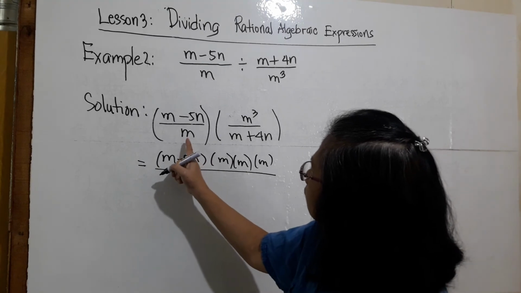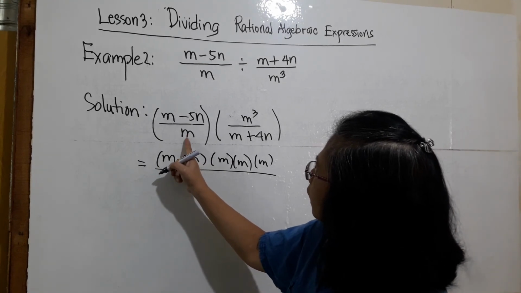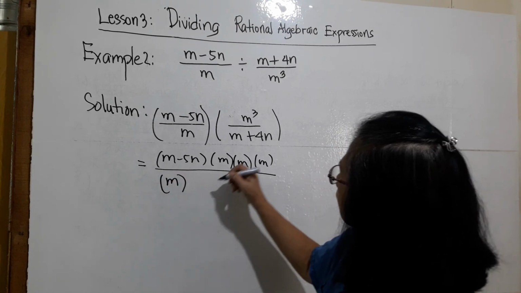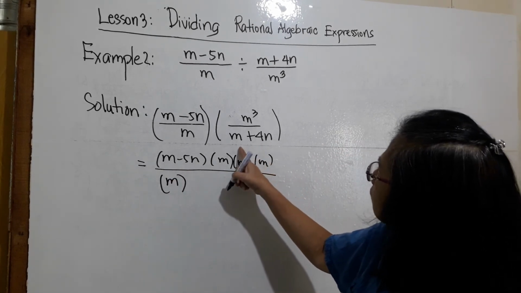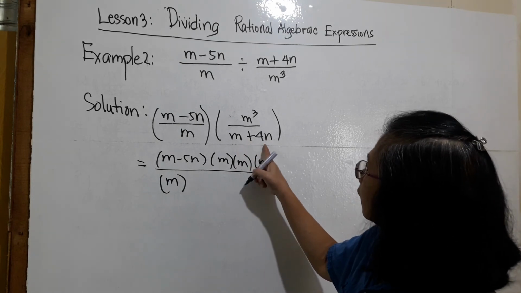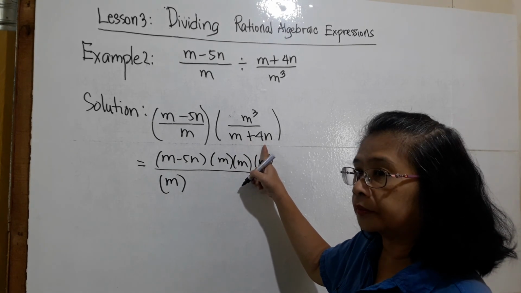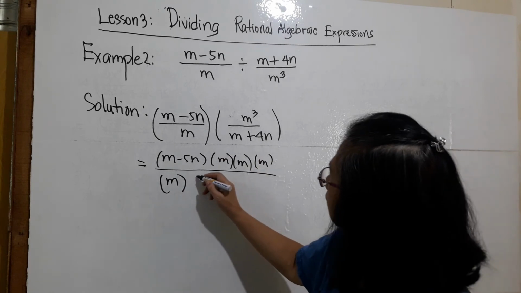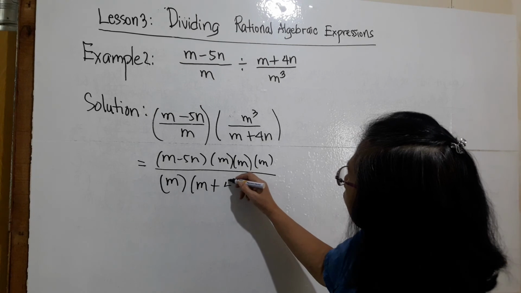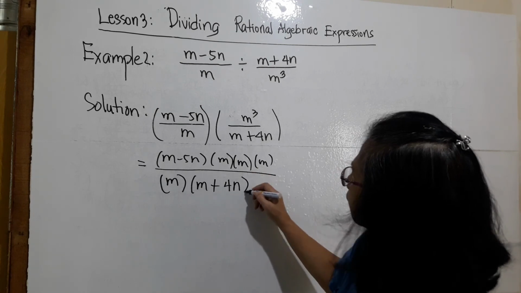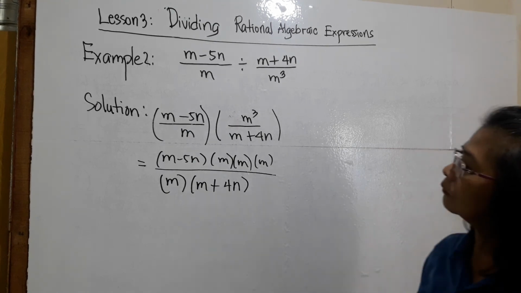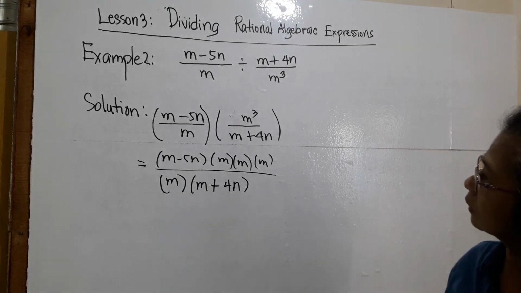Then for the denominator in the second factor, we just copy. Is there a common factor between the first and the second term in the denominator? I think there's none. So we have also m plus 4n. We just copy.